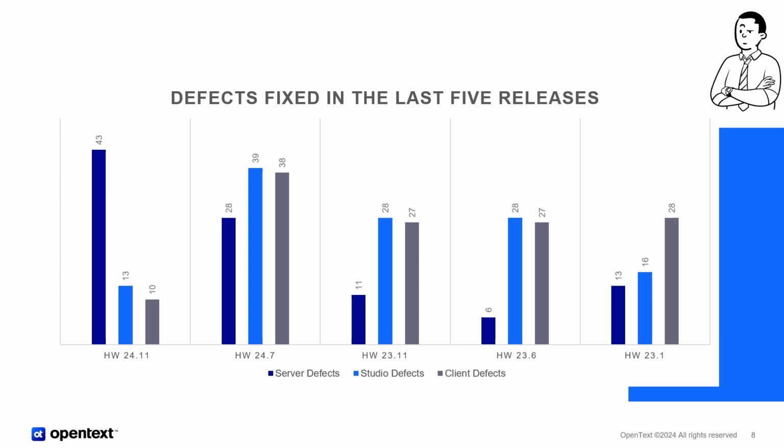So fixing defects in a timely manner is a must. Over the last 5 releases in 2023 and 2024, we fixed an average of 70 defects across the server, Studio, and client per release. The more up-to-date you are, the less chance of running into an issue that is already fixed in a newer version.